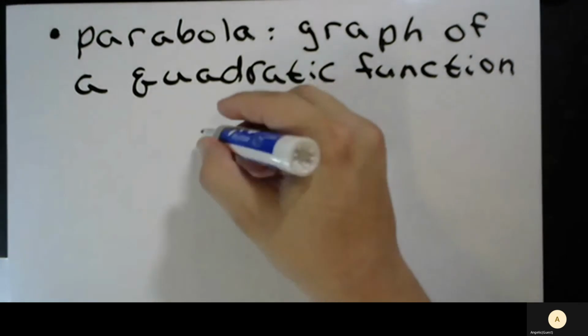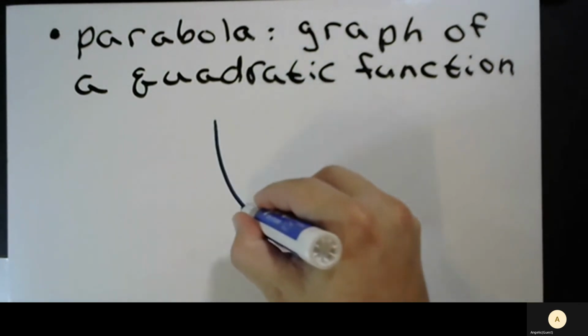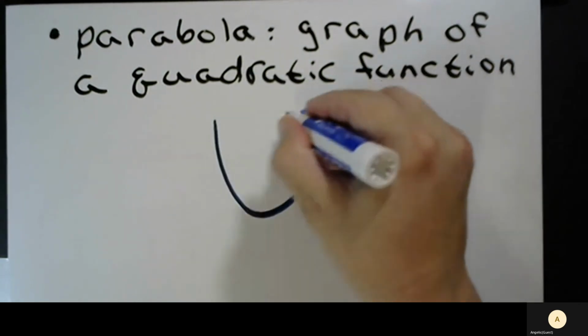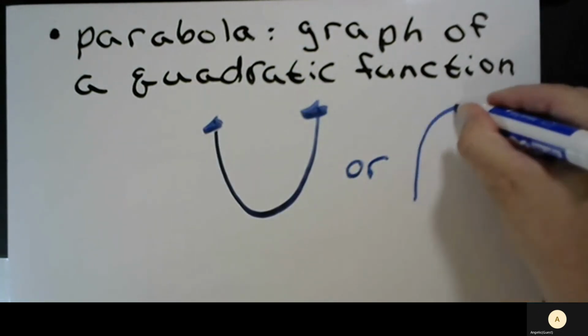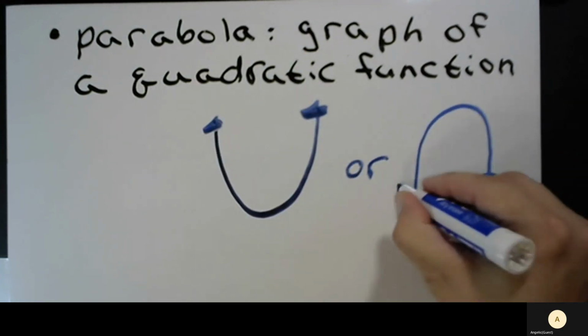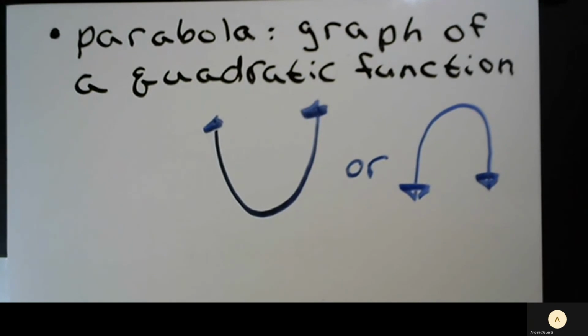And what it looks like is usually something like this, or something like this, depending on which kind of quadratic function we're looking at.